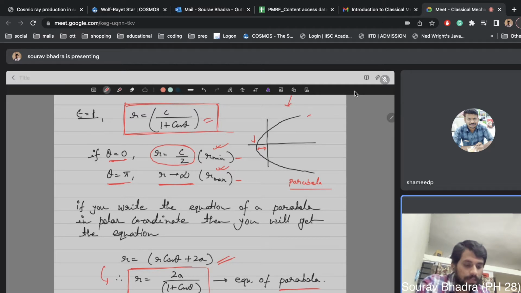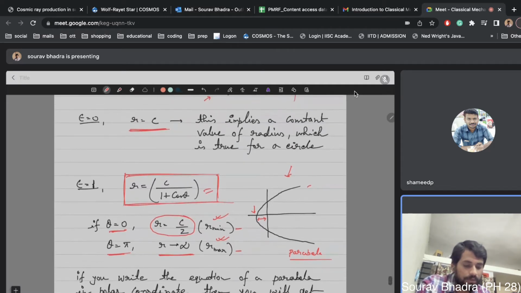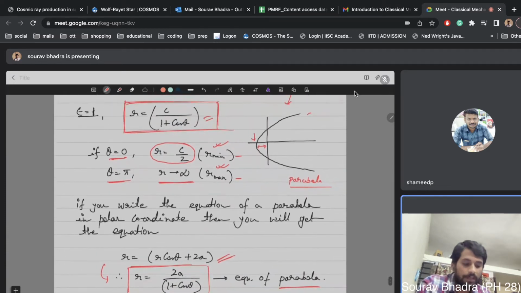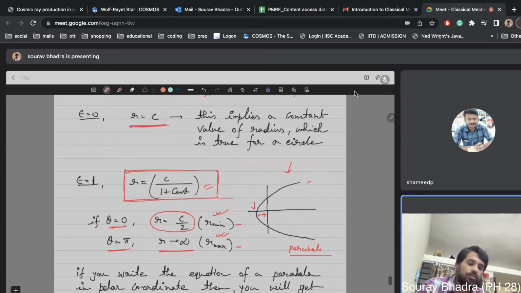So these are the two cases, epsilon equals to 0 and epsilon equals to 1, and I will ask you to do the other two cases, where epsilon lies in the range of 0 to 1 and greater than 1. In a similar way, you can find that these two will give you an ellipse and a hyperbola respectively. That is very easy to do, just do it.